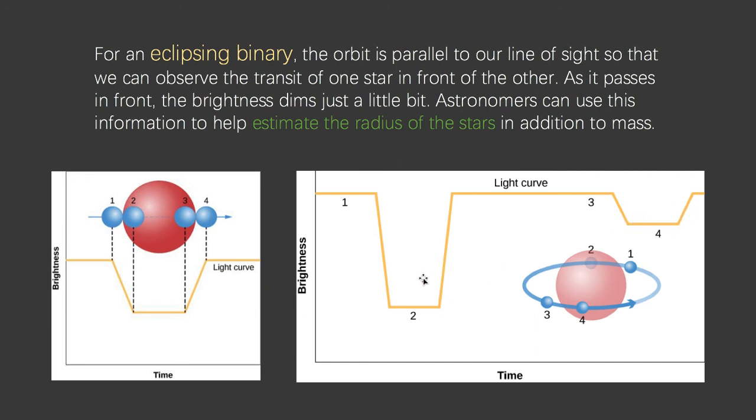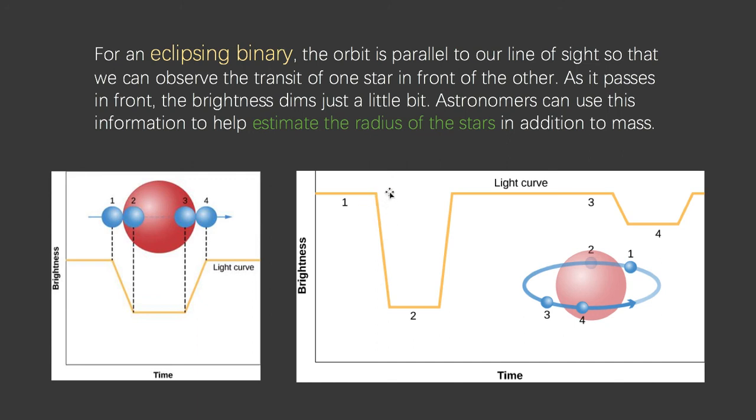And so you can take the time between these successive dips to figure out the period of the orbit and, again, determine the mass. But another thing we can do here is look at this ramping up time, because this ramping up time has to do with how long it takes for the star to start eclipsing and then completely be eclipsed. And so this is a way of estimating the radius of the star, because essentially the distance that it is moving across the surface of the star is going to affect how much time it takes to ramp up here.